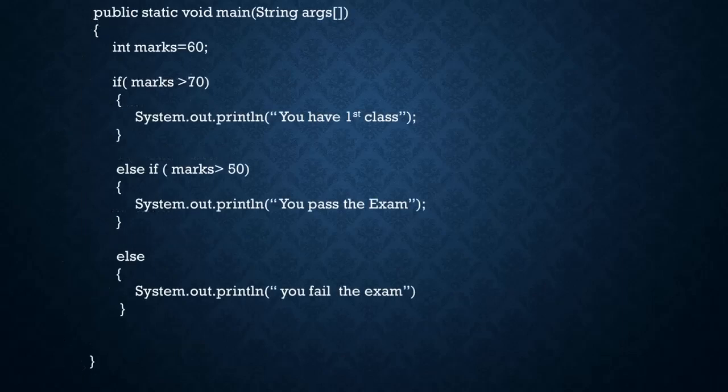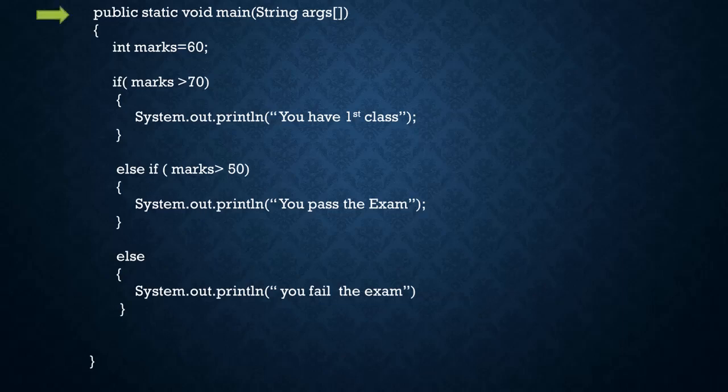Now, look at this. Here, public static void main, and then I declare a variable marks as 60. According to the program, if the marks is greater than 70, you have a first class. And if the marks is greater than 50, you pass. If not, you failed the exam.